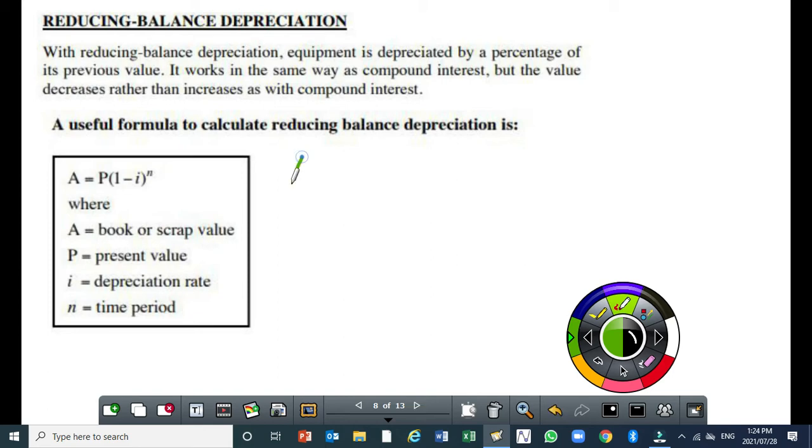The formula has a minus as well, so it's A = P(1 - i)^n. Again, be careful of that. The clue usually when you get a question on this formula is that it will tell you that it's a reducing balance depreciation. So you have to memorize that if it's reducing balance depreciation, then you use the formula for compound interest with a minus.